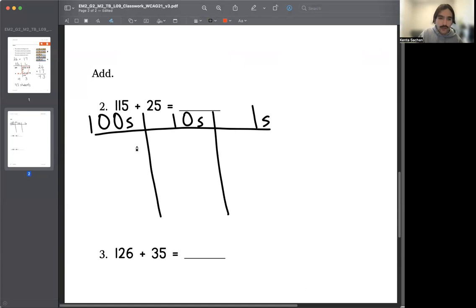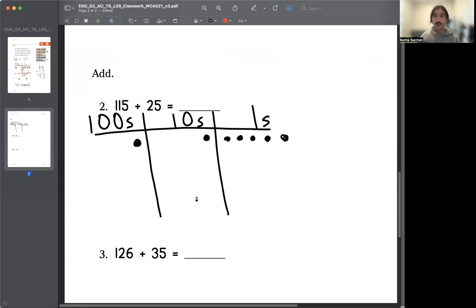Good. All right, we have 100, 1 ten, and 5 ones. 1, 2, 3, 4, 5. Great. Now let's draw the next number, 25. And remember to leave a little bit of space in between our numbers. 25.